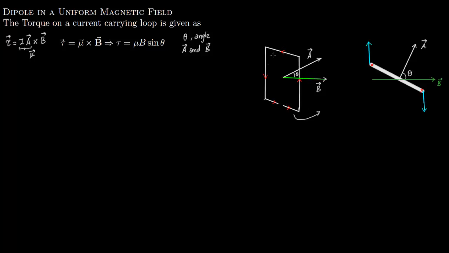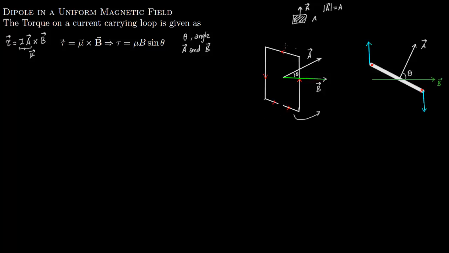Say this is a current carrying loop. So the area vector goes like this.